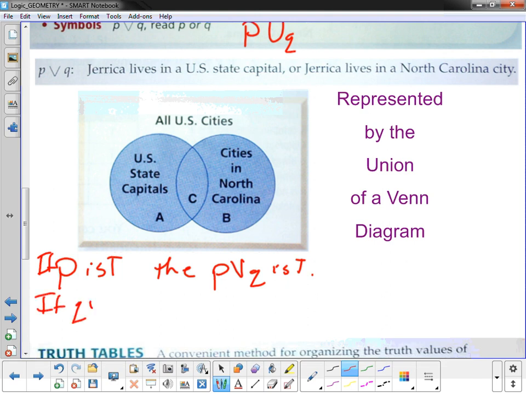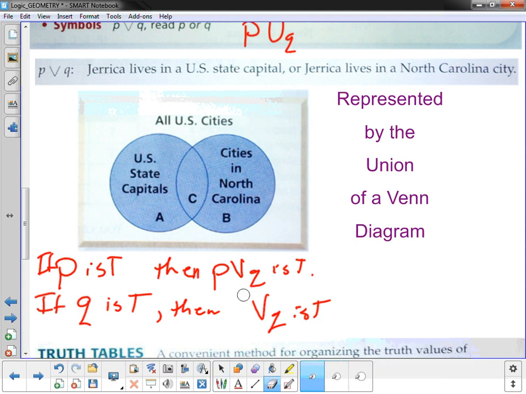If Q is true, then P or Q is true, as long as one of the two statements is true. So if it's true that she lives in the state capital, it's true. If it happens to be true that she lives in the North Carolina city, it's a true statement.